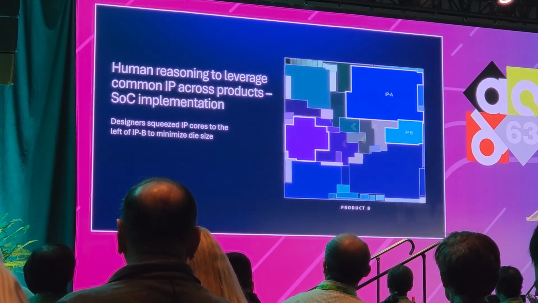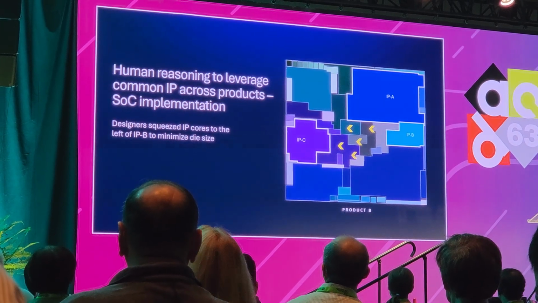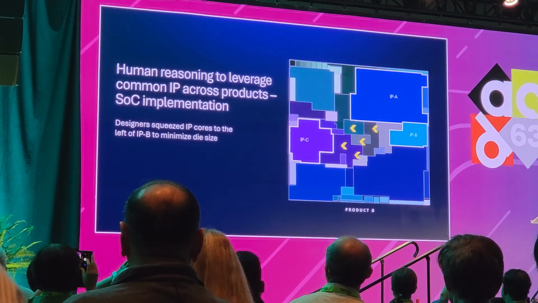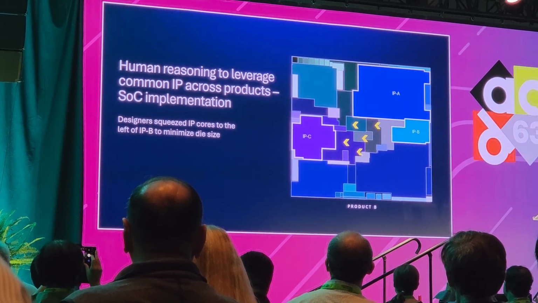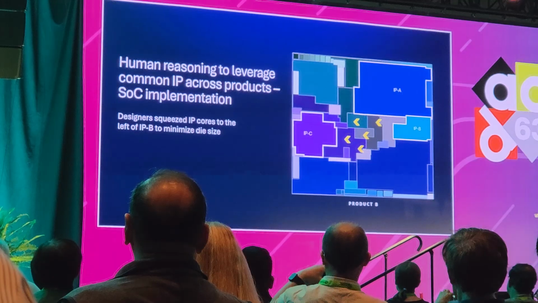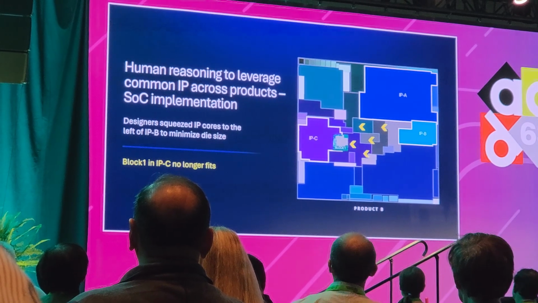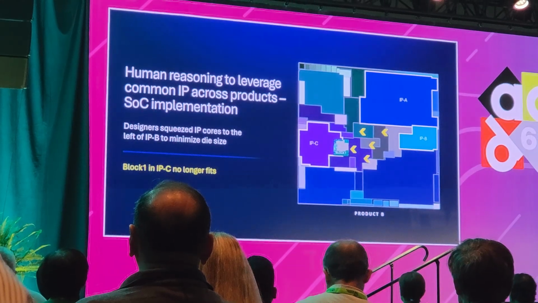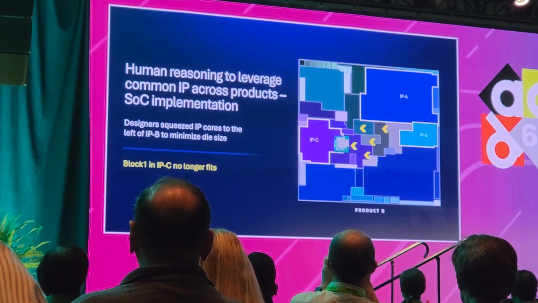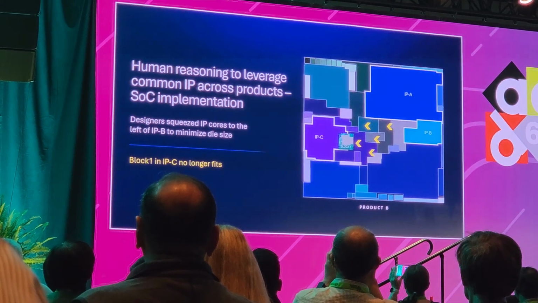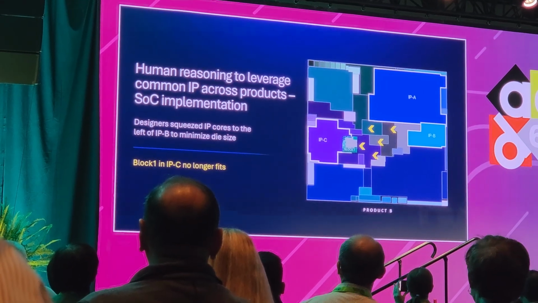The designer estimated that it should be possible to squeeze the IP cores on the left of IPB, as you see with the arrows there. So let's look at the impact of that squeeze on IPC. Since the right-hand boundary of IPC was squeezed left, its internal block 1 no longer fits in the new space.